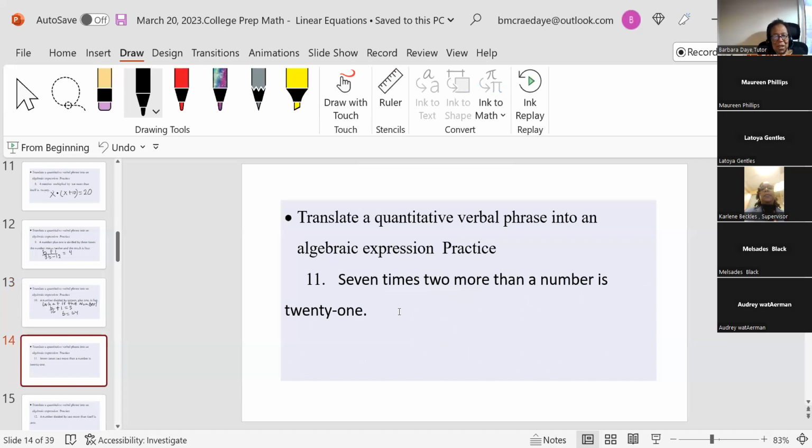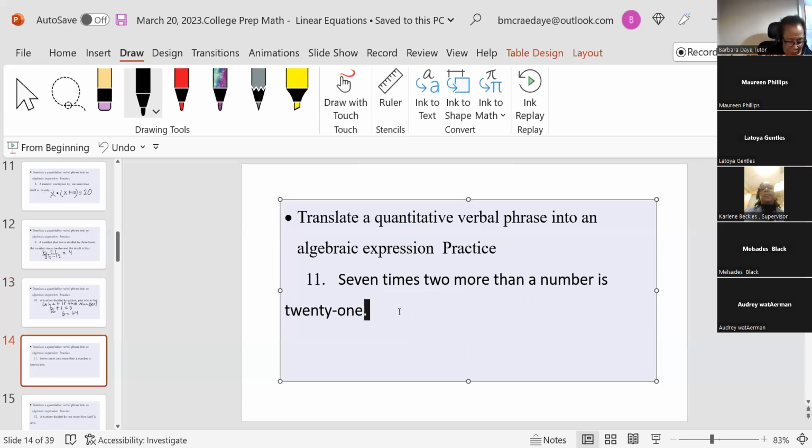This one, I want you to find what is the number. 7 times 2 more than a number is 21.